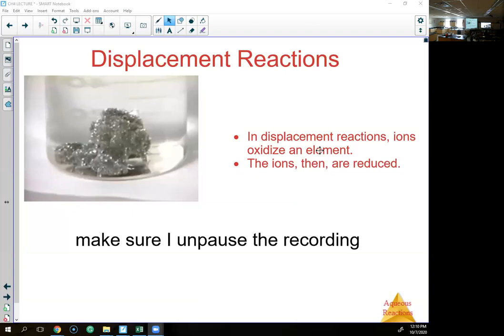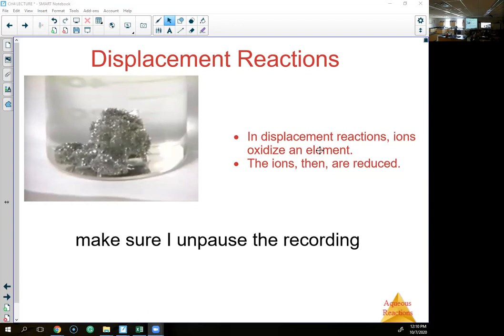So another type of reaction, and it is a redox reaction. So it's not really new. It's just another way to describe a redox reaction. It is called a displacement reaction. In displacement reactions, ions oxidize an element.